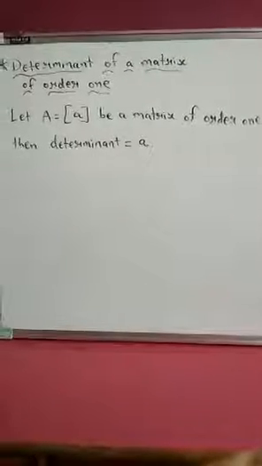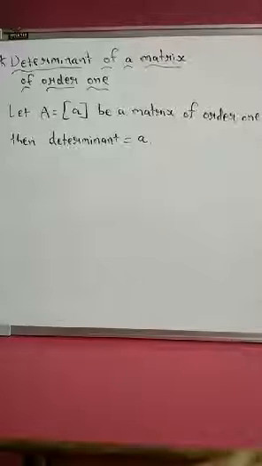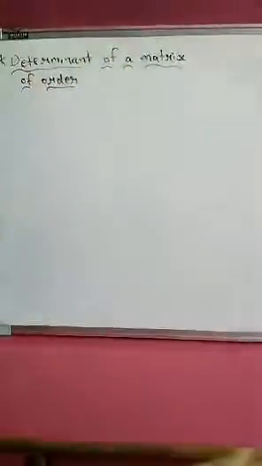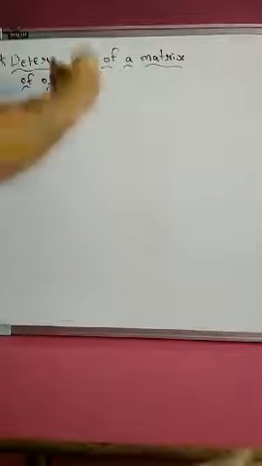After this we are going to see order 2. So first of all, you note it down, right? Now I will talk about order 2. Determinant of a matrix of order 2.